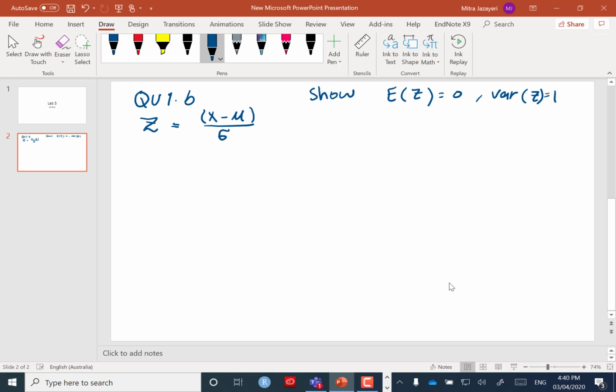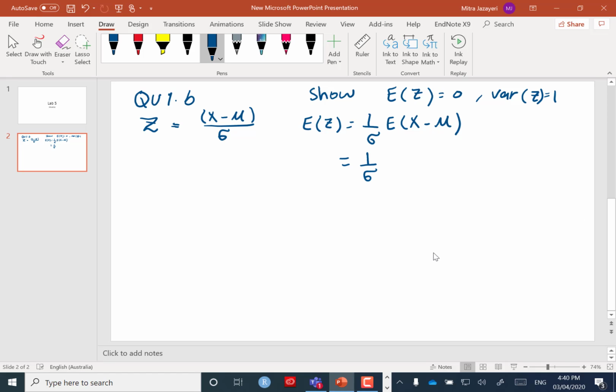We say that expectation of z here is equal to 1 over sigma expectation of x minus mu, because sigma is a constant. So that would be equal to 1 over sigma.